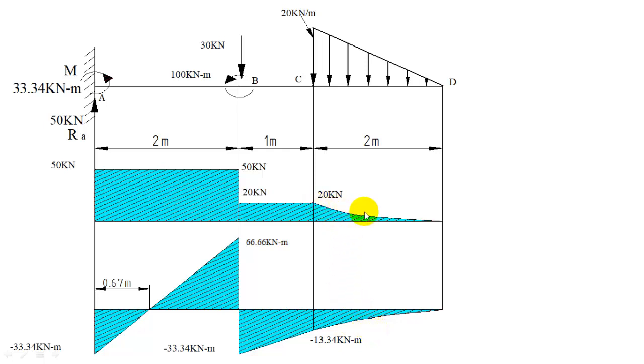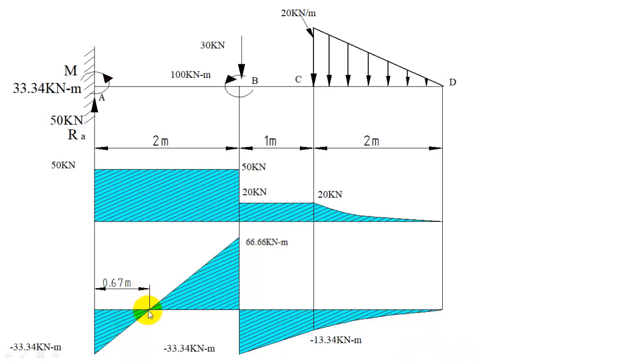But shear force, you can have concave side up or down depending on the position of this UVL. But in this case, always the concave side will be down. So you can plot the cubic variation from minus 13.34 to 0 with the concave side down. So that completes the bending moment diagram.